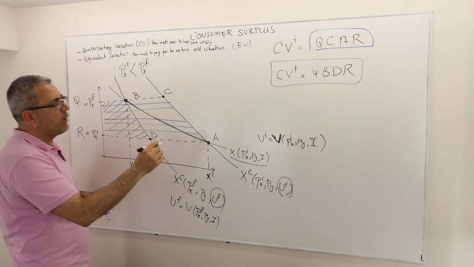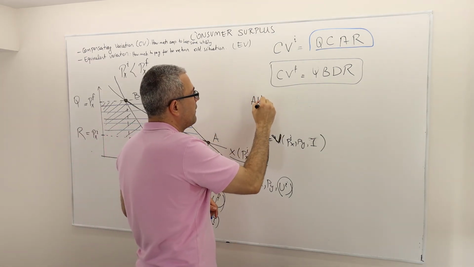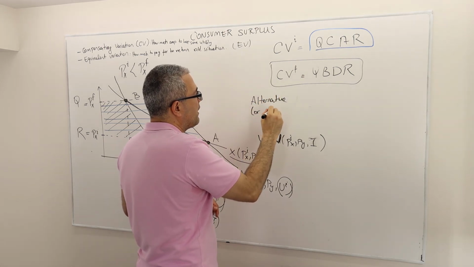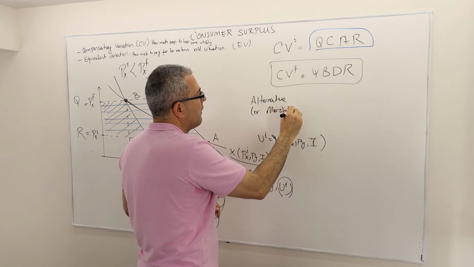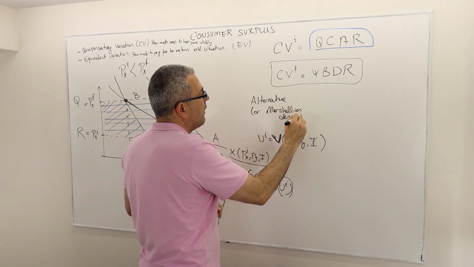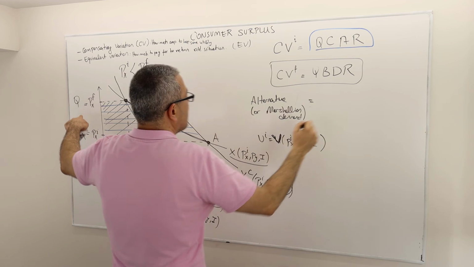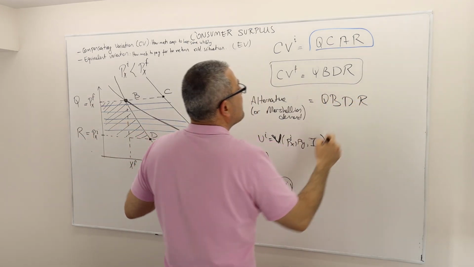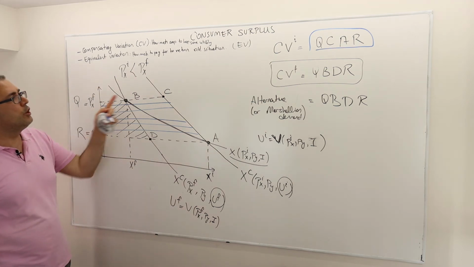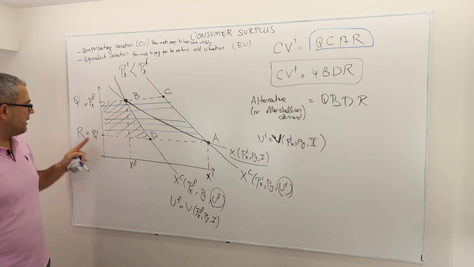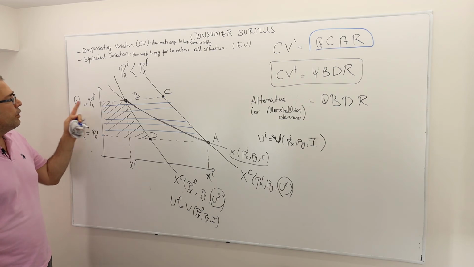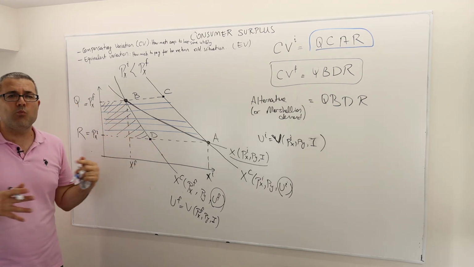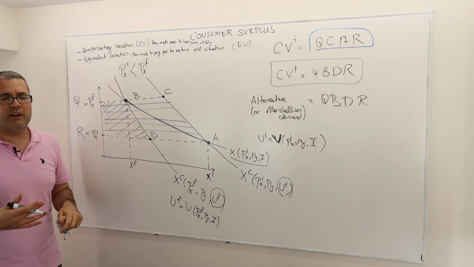The alternative, the Marshallian demand, is actually this area, Q, B, D, R, which is definitely less than Q, C, A, R, but greater than Q, B, D, R. So it's not perfectly, but somewhat in between these two areas.